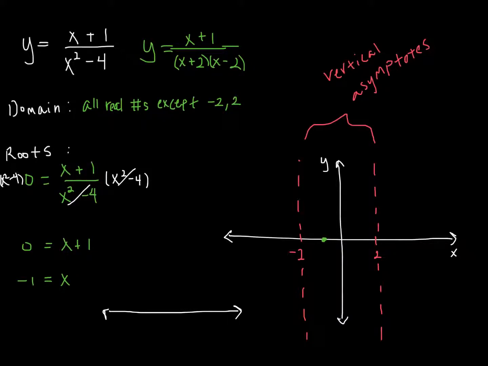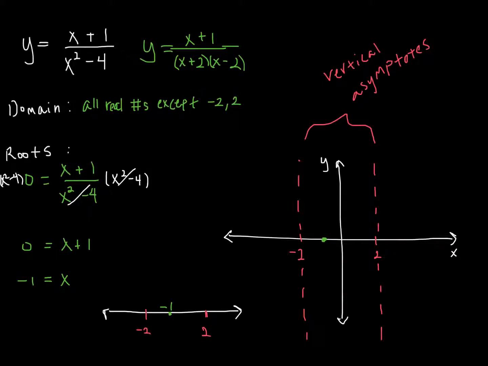Okay? And so the really important piece of information is that we know there is a vertical asymptote at negative 2. We have a root at negative 1. And we have another vertical asymptote at positive 2. Okay?